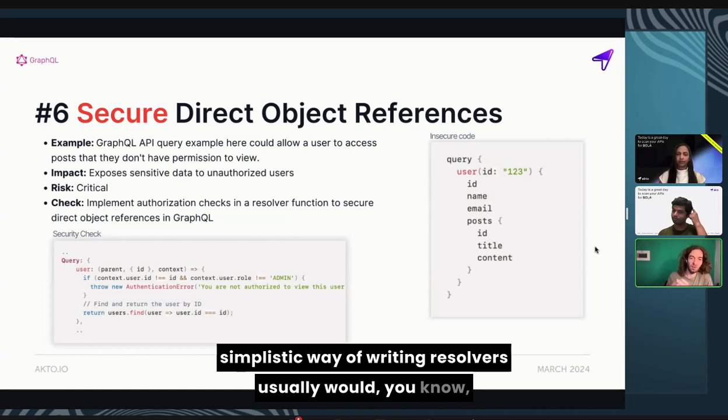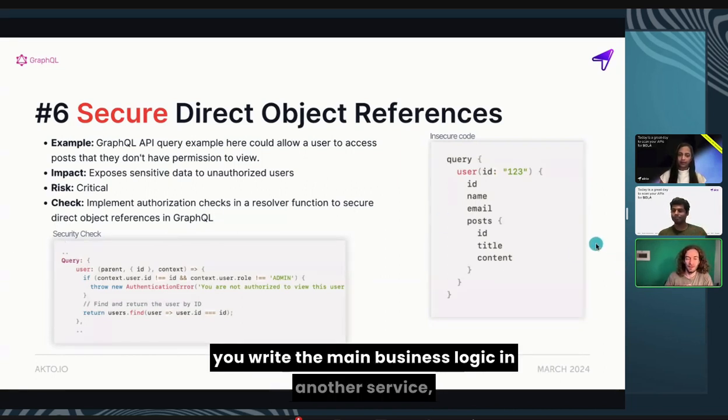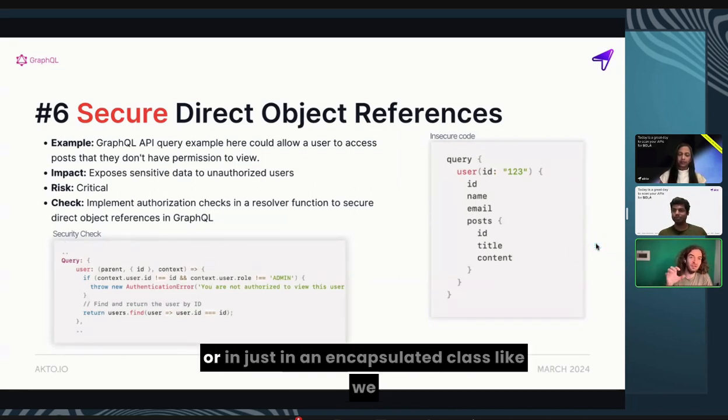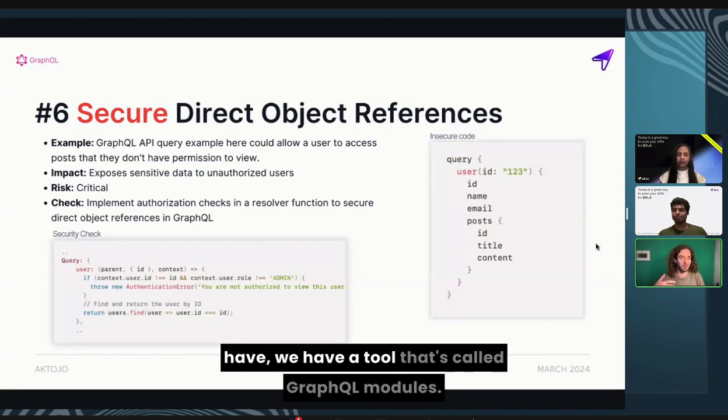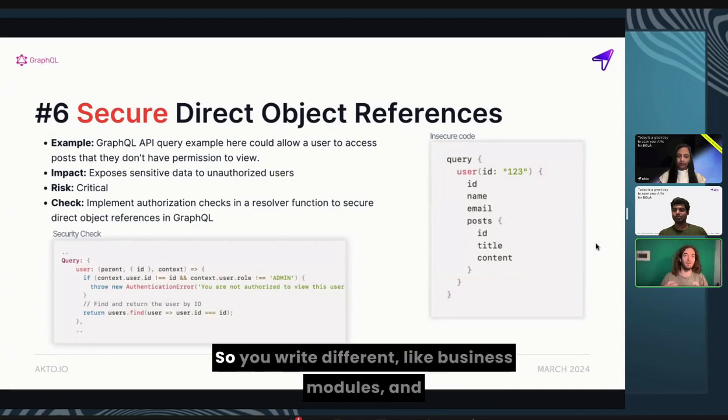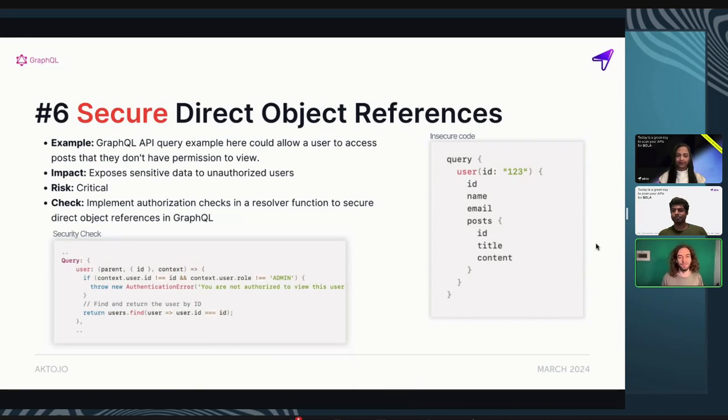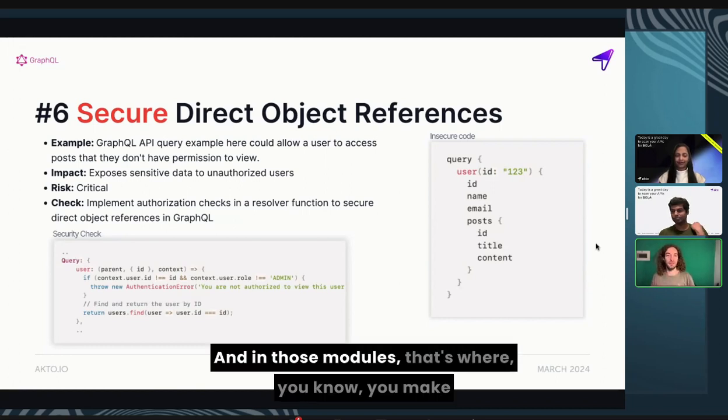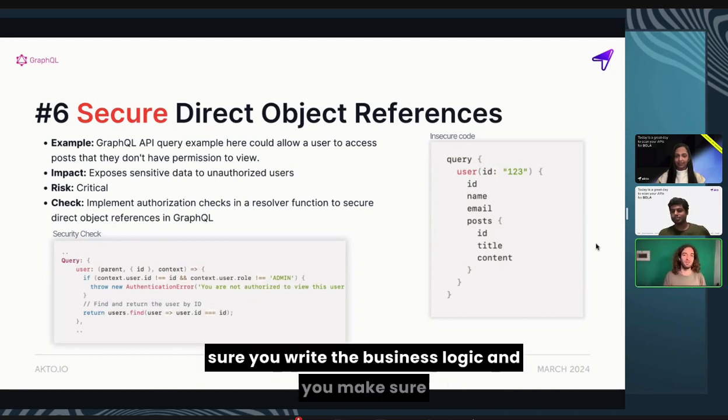Usually, you write the main business logic in another service or in an encapsulated class. We have a tool called GraphQL Modules. So you write different business modules, and from the resolvers you call the right modules. And in those modules, that's where you write the business logic and make sure you do authorization in the right way.